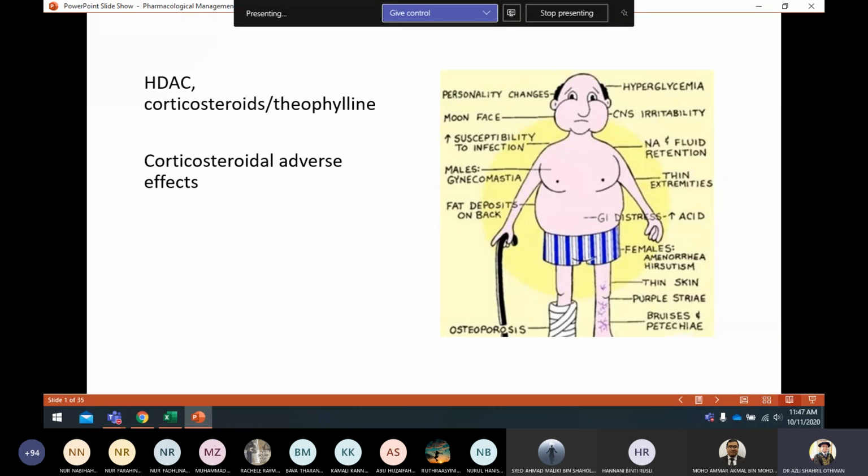So you do need to be able to explain that, not just as an adverse effect of steroids, but as a physiological effect of steroids, of glucocorticoids as a whole. Okay, so you do need to be able to explain some of that. So please be wary of the requirements.